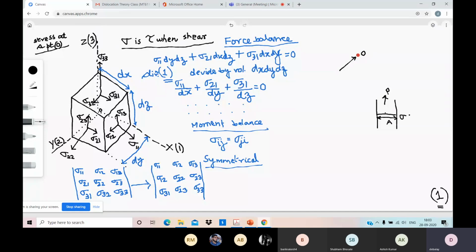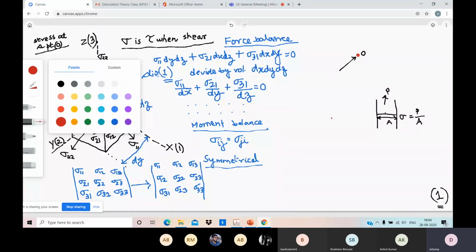So what we represent by sigma is P by A, and that is the average stress on the plane. So we assume that the stress is same on that plane. However, that need not necessarily be. It's an average. It's a general representation. However, stress may vary from point to point.